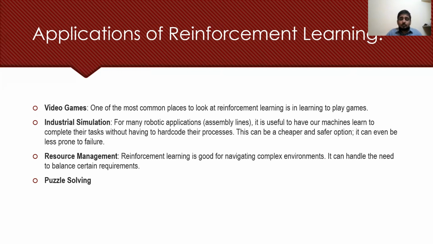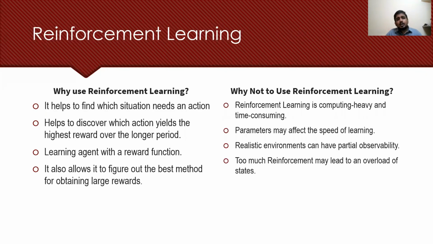And resource management: reinforcement learning is good for navigating complex environments, and it can be used to balance certain requirements, like what path to take to get maximum money in business. Puzzle solving and maze solving are also applications of reinforcement learning.